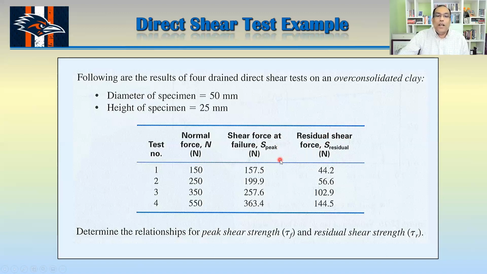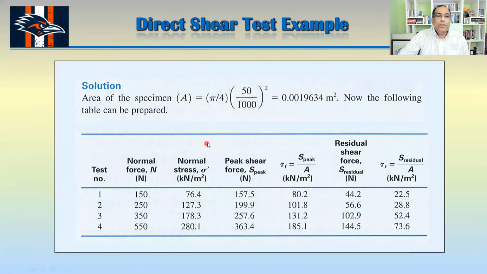We first try to find out the area. So the area is pi by 4 d square, which is this many meters square. So this is test number 1, 2, 3, 4. This is the normal force. When you divide this column with this, that's basically your normal stress.